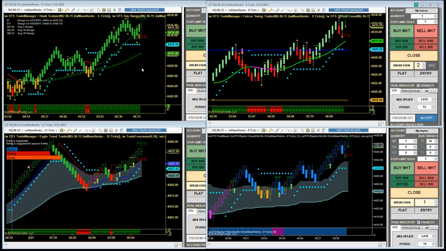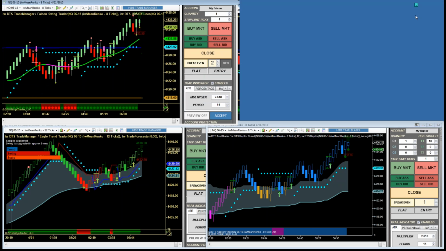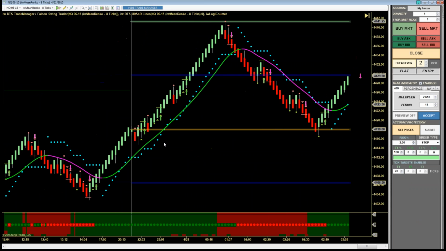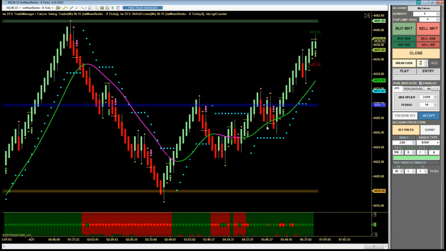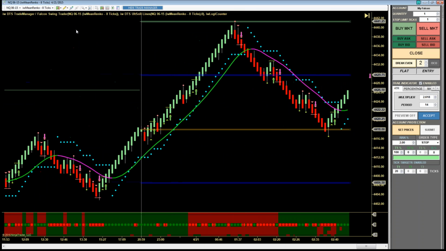Big opening gap up, relative to where the market left off. Let's take a look here on the Falcon. You can see that in the overnight, and during the Asian session, there was a nice steady progression up. The market came down, settled here on the median line, and took a little bit of a rally. So we're almost right back up to the overnight highs.